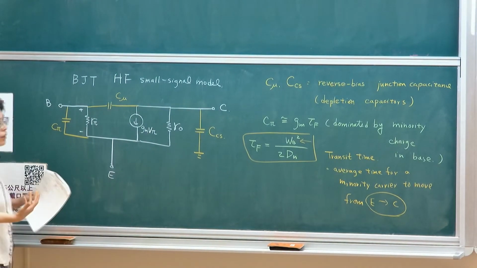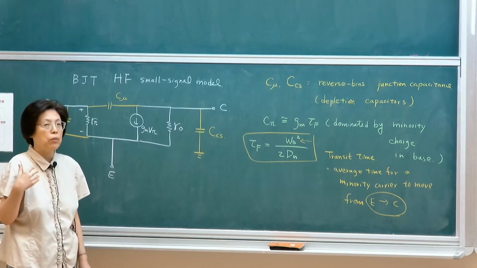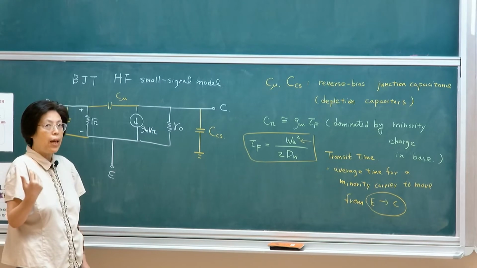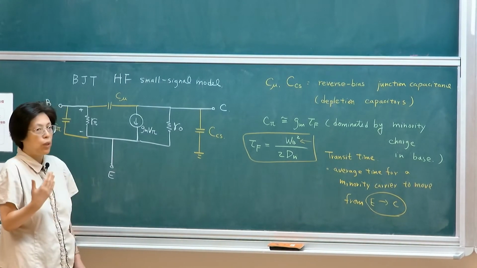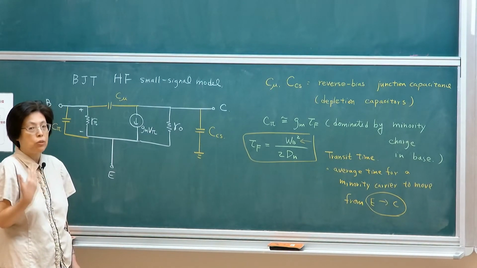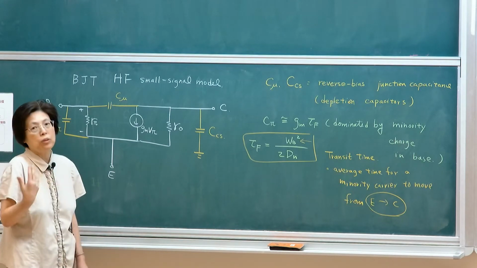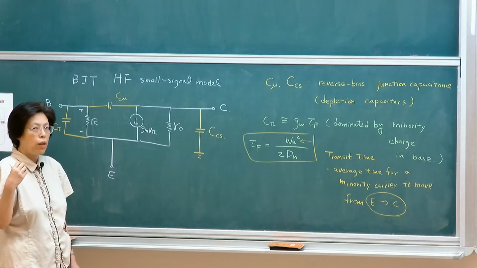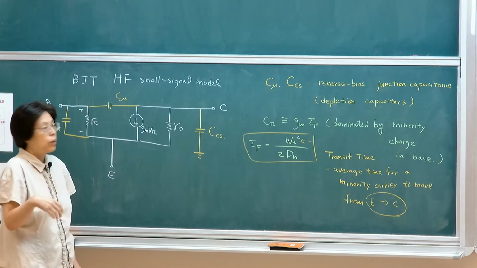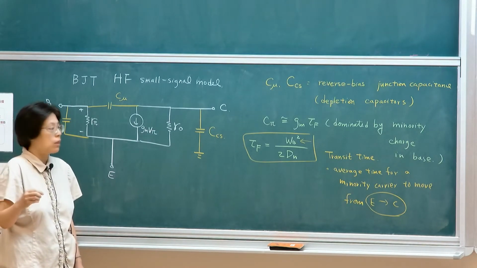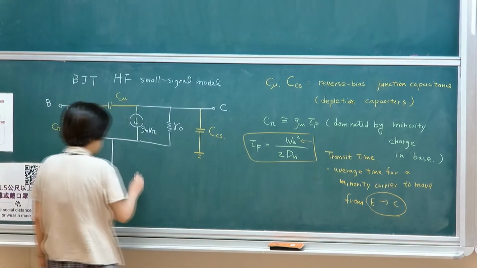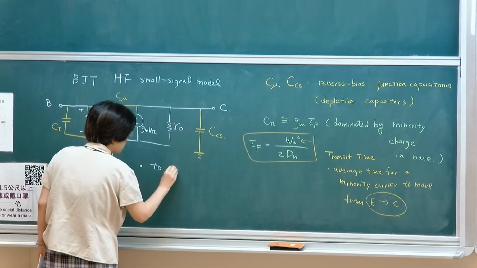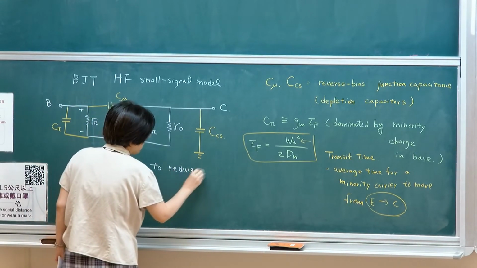So basically, as diffusion capacitance dominates, how does one reduce transit time? Because transit time will be proportional to capacitance. If we want a small parasitic capacitance, you want to reduce transit time by reducing WB. That's how you increase the speed. We're going to talk about bandwidth later.